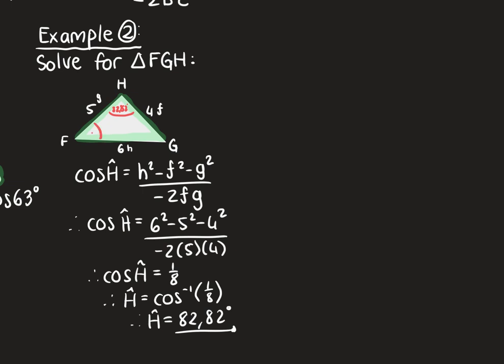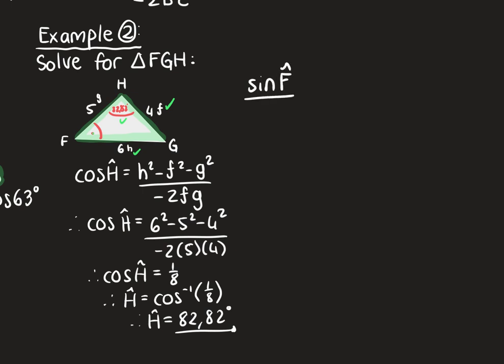If I wanted to solve for F, I can use the sine rule here, can't I? So I'm wanting to solve for this, I've got this, I've got this, and I've got this. So I have an ordered pair. So I have 3 knowns, and I've got 1 unknown. So let's go ahead and work this out. Because we're working out an angle, we can start with the angle on the top.